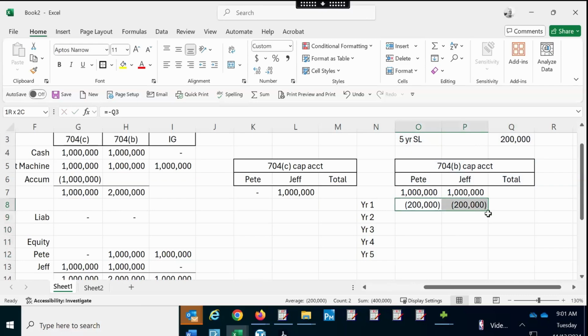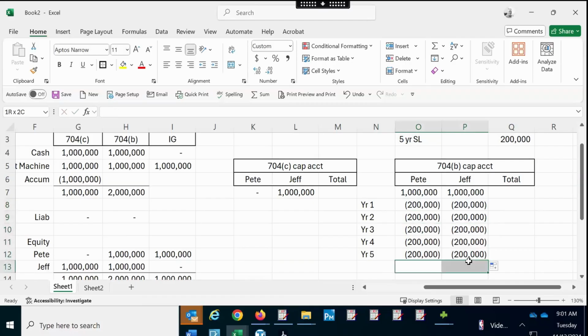And what's the goal of the 704(b) and 704(c) cap accounts, Kels? To eventually equalize. To eventually equalize, okay? So we have this concept of fair value depreciation. Hold on. So if nothing else happens and all we're dealing with is depreciation, our goal would be to equalize out our capital account.